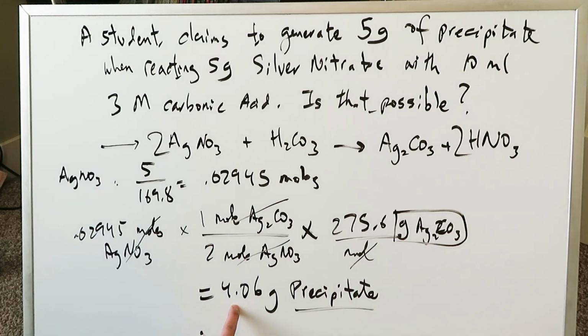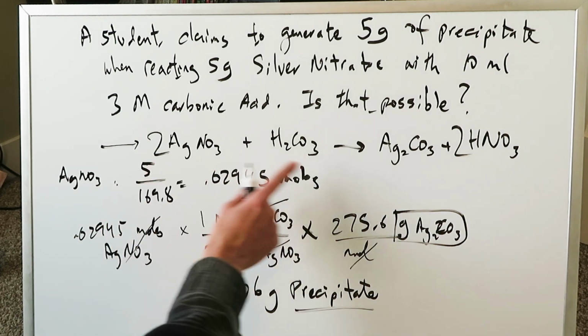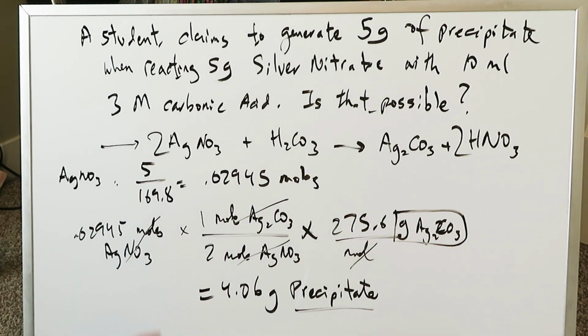This right here represents our theoretical yield. This is the maximum you could have obtained. The actual may certainly be less than that, because no reactions go through to 100% completion, and there's always contamination, and that prevents our reaction from being 100% in terms of its yield. The theoretical yield is 4.06 grams.